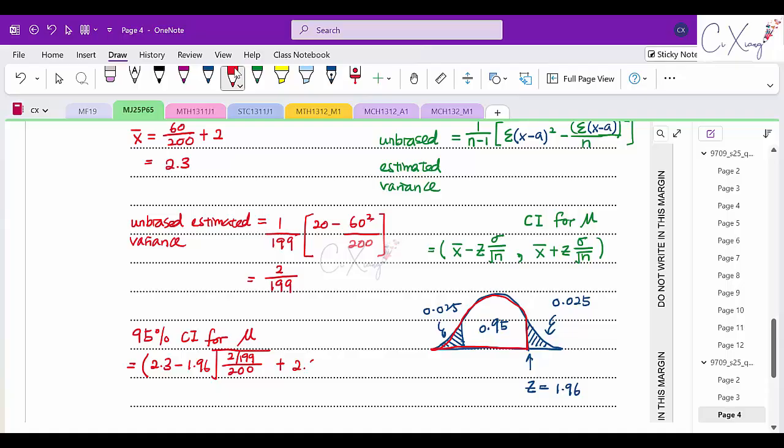The same thing happens for the upper limit. This one is common: square root of 2 over 199 divided by 200. Then from here, what do I get? You'll get a very long answer.